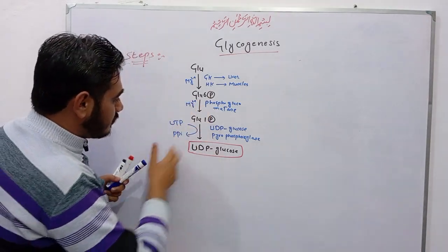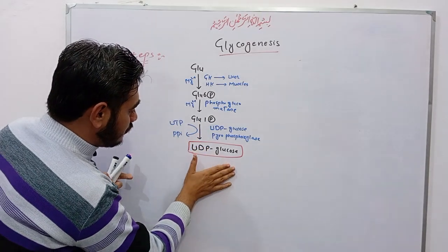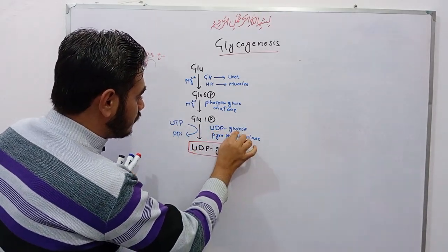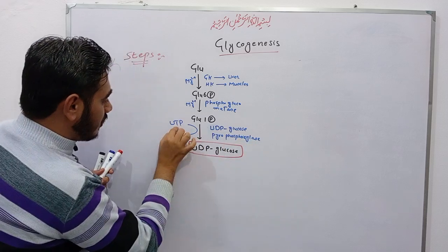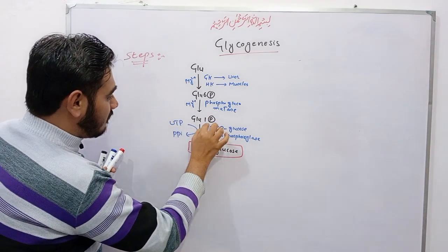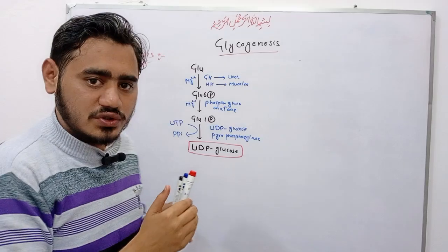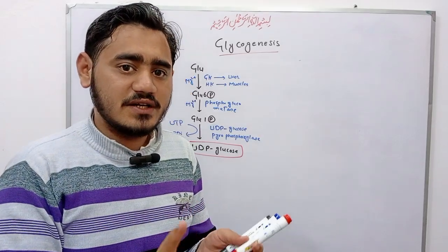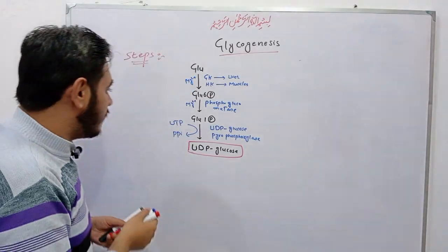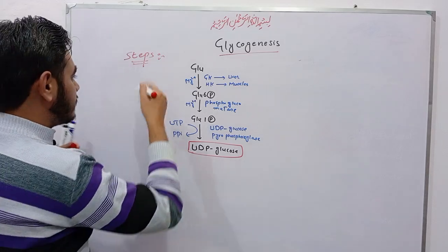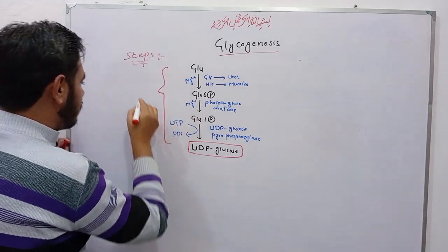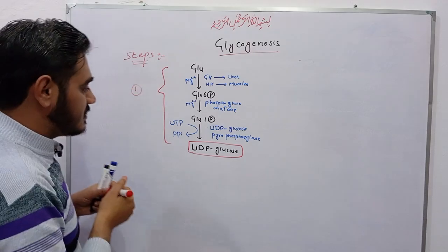In the next reaction, glucose 1 phosphate converts into UDP glucose by the action of UDP glucose pyrophosphorylase. One phosphate is released from here and one from here, and both are released in the form of pyrophosphate. This is the first step.